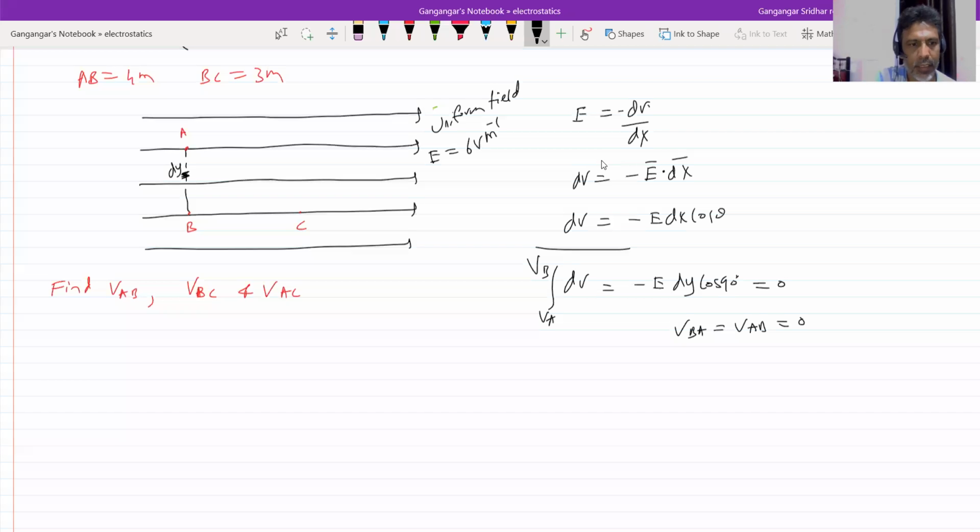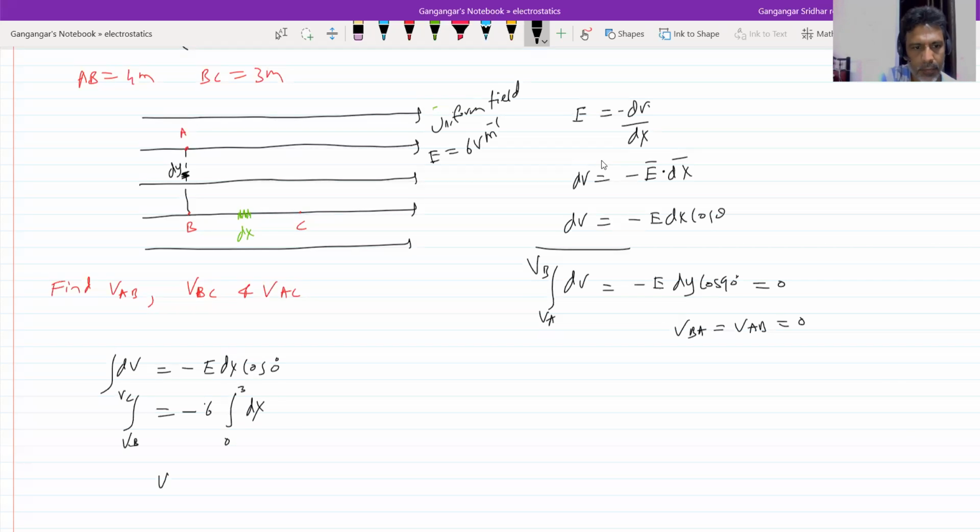Let's come to VBC. I'll assume the distance dx. E bar and dx are in the same direction. So from the formula, dV is equal to minus E dx cos 0. Why cos 0? The angle between E bar and dx is 0. E equal to 6, so this will be integral of dx. I'm moving from B to C, so the distance BC equal to 3 meter.